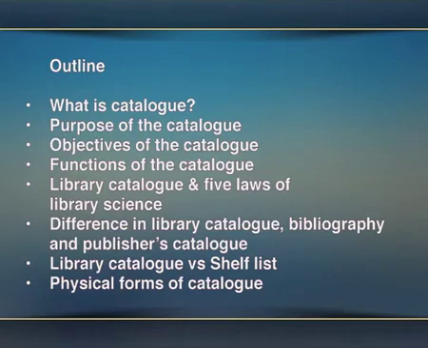Apart from that, we will also discuss the difference between a library catalog and a bibliography, and the difference between a library catalog and a publisher catalog. Apart from that, we will also discuss in brief the shelf list and the physical form of the catalog.